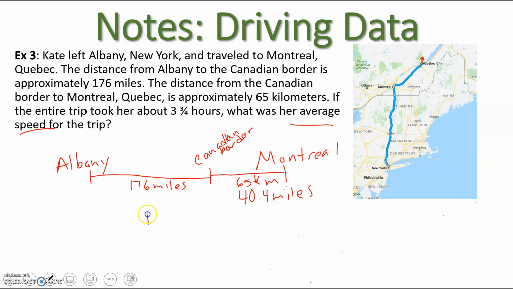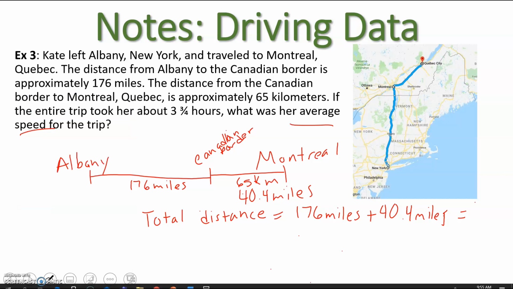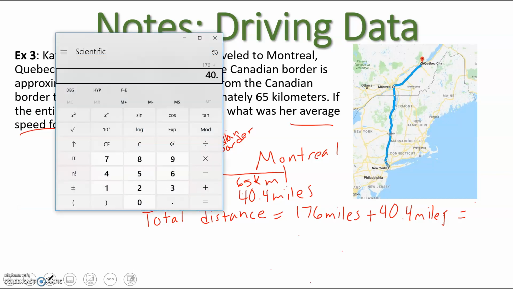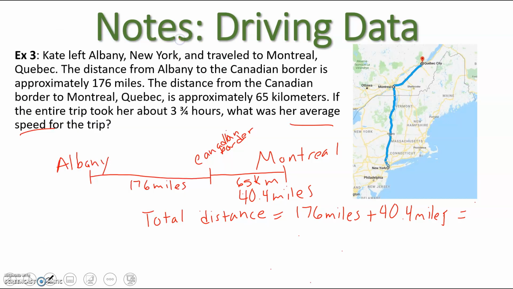So let's get our total distance, which is 176 miles plus 40.4 miles, which gives us 216.4 miles.